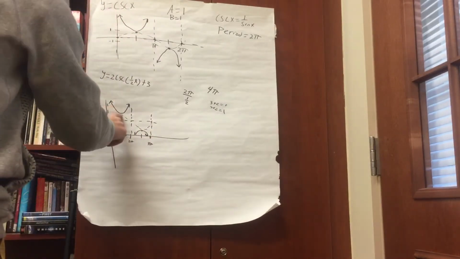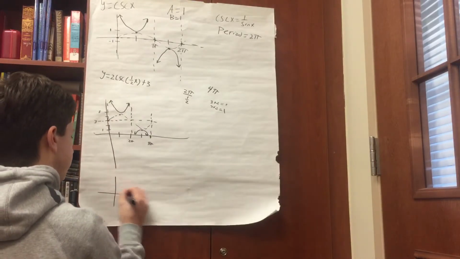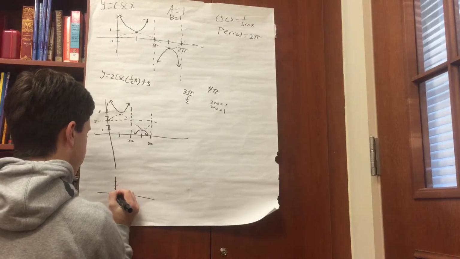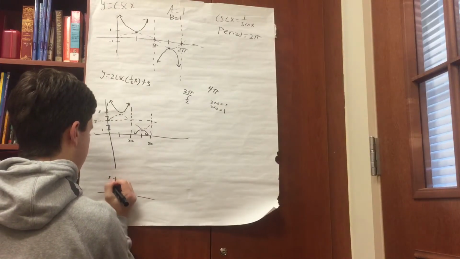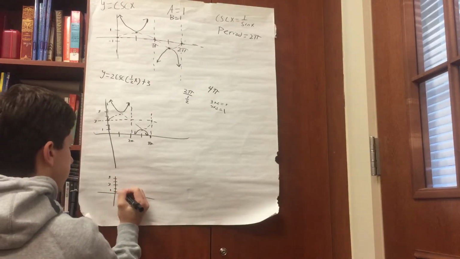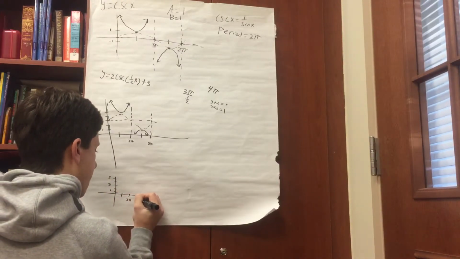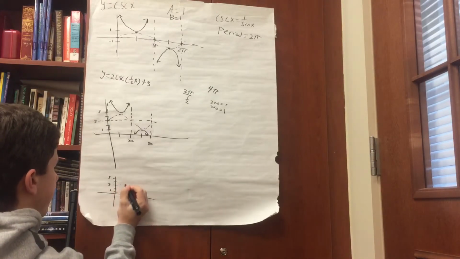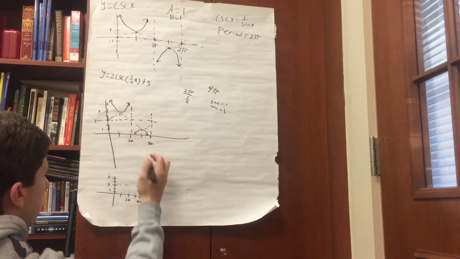So I'm going to graph the actual answer down here. We're going to have 1, 5, 3, 2 pi, 4 pi. Then you're going to have the line at 3. We're not even going to mark these points, or draw that line.